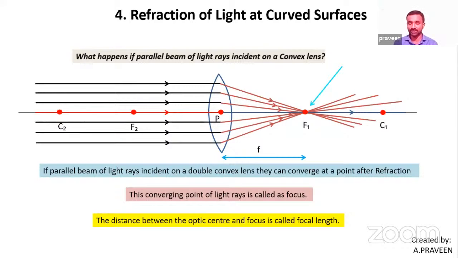So what happens if a parallel beam of light rays incident or allowed to fall on a double convex lens? All that parallel beam of light rays will meet at a common point after refracting through the double convex lens. So this we observed in this topic.